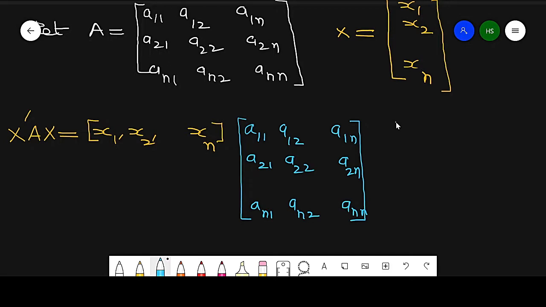And next is the matrix X, which is x1, x2 and xn. So I write this product of matrices.